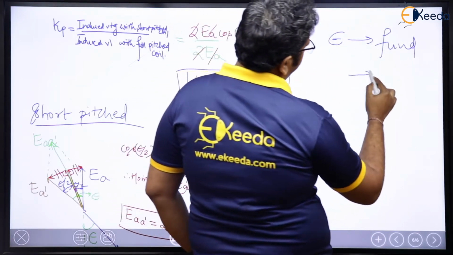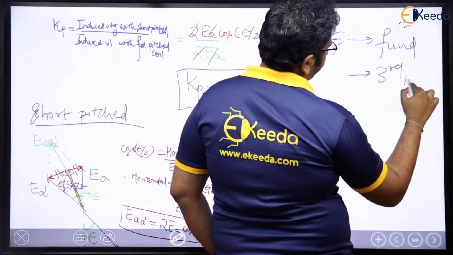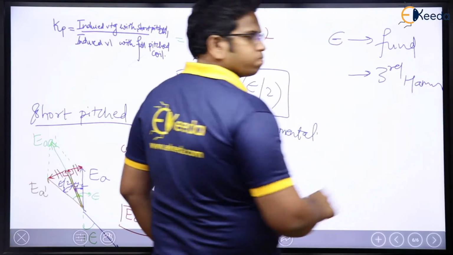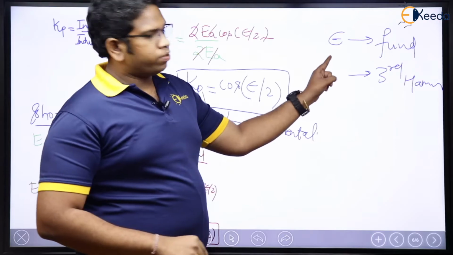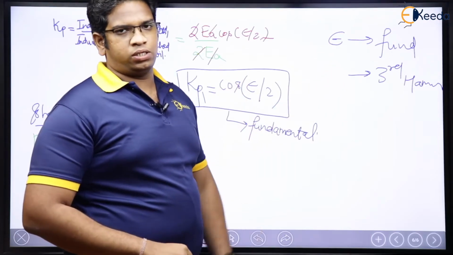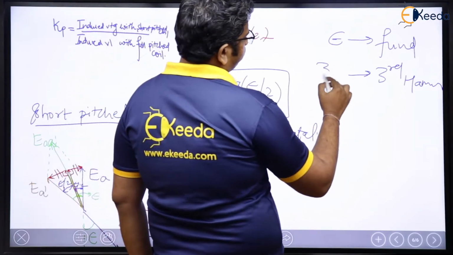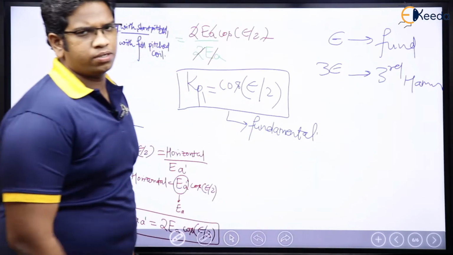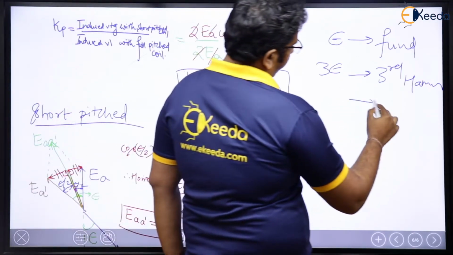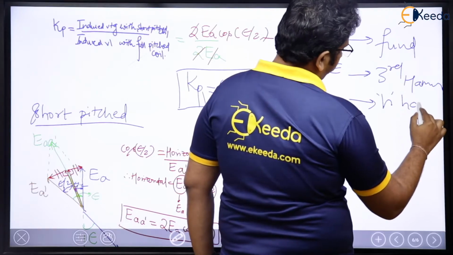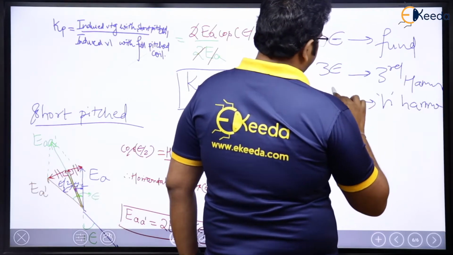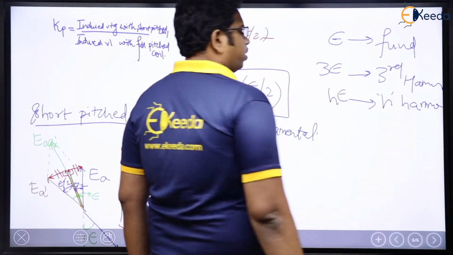For the third harmonic, how much will epsilon be? It is going to be 3 times epsilon. As simple as that. Which means for the H order harmonic, it is going to be H into epsilon.